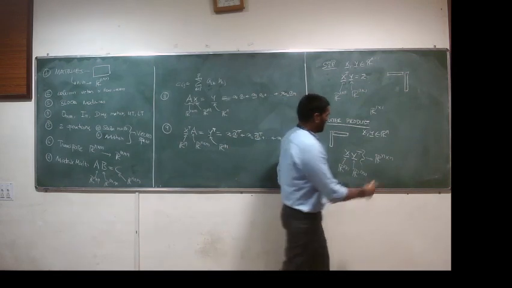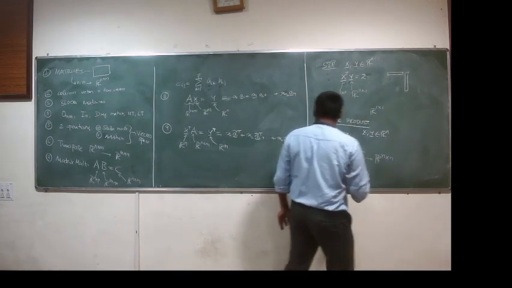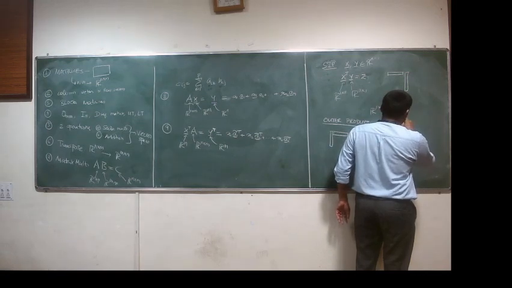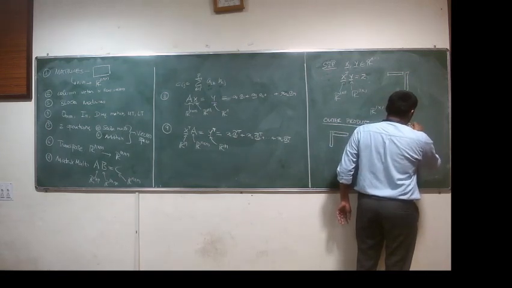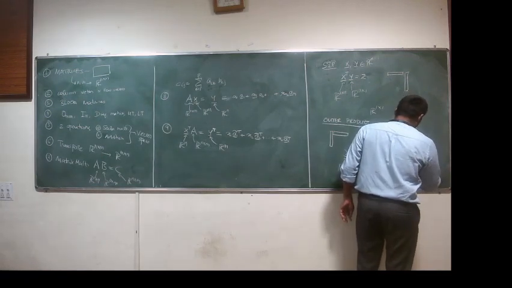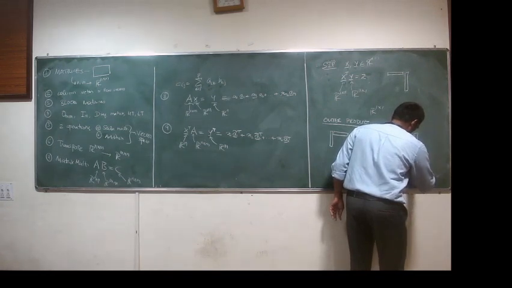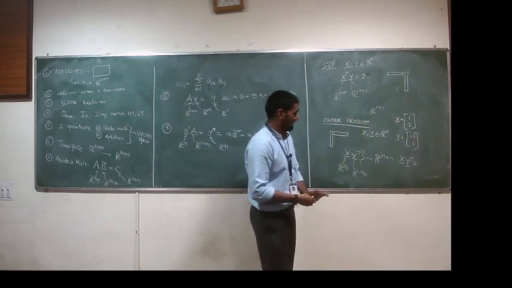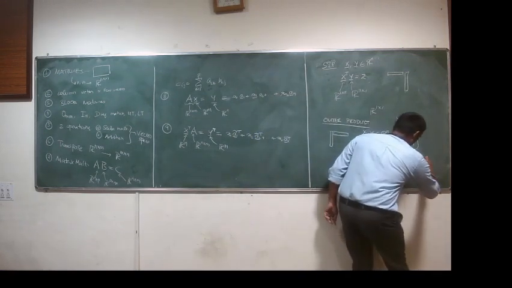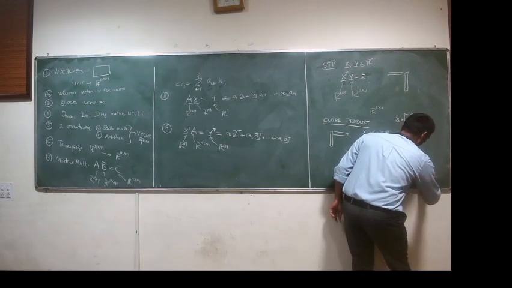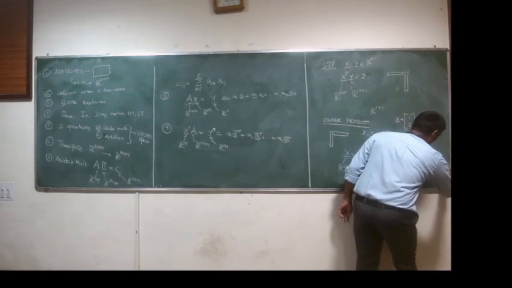Now let's do an example to see what that matrix will be like. Let's say I take x to be 1, 2. What will be the outer product of x with respect to y? That will be x, which is 1, 2, multiplied by minus 1, 1.